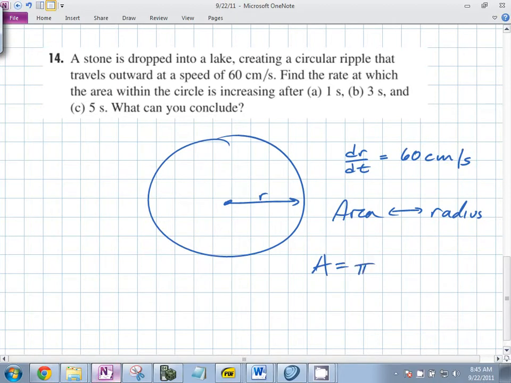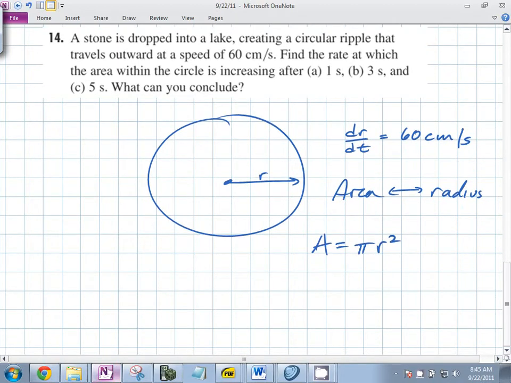Pi times r squared. If you differentiate this with respect to t, we didn't specifically do this yesterday, but there are a few examples, and there's no super terrible algebra involved. dA/dt, the rate of change of the area with respect to time, is: what does the pi do to the derivative?